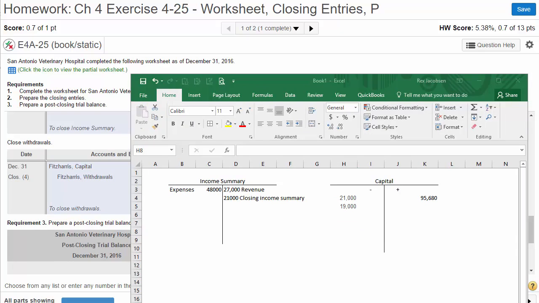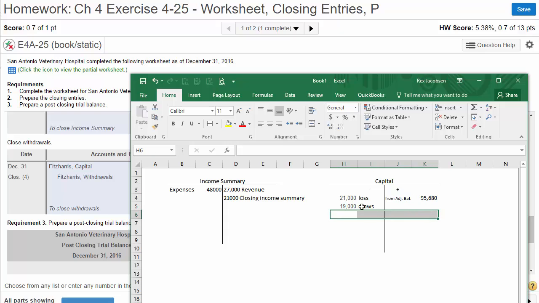Okay, now I'm going to label these so that it's a little bit easier to understand what's going on. So this is our loss. These are our draws. That's from our adjusted balance.